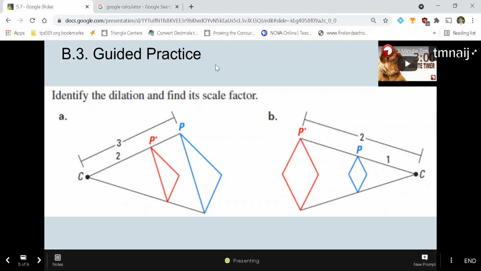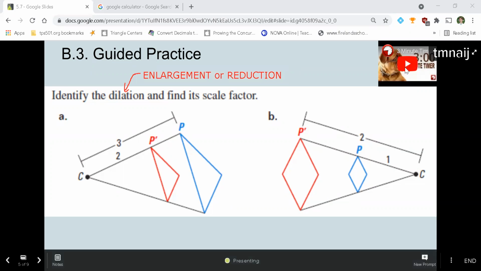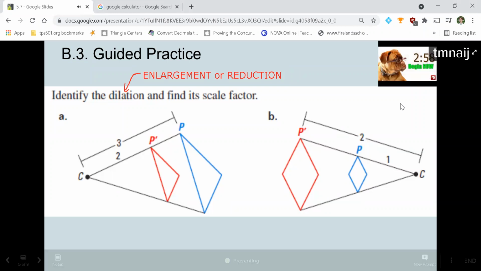And again, by identify the dilation, what we mean is tell me, is it an enlargement or reduction? That's what it means by that. All right, I'll give you 3 minutes. And then I think we might do a homework one. Yeah, let's do one homework.